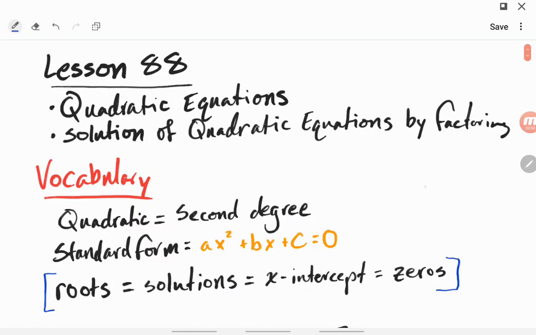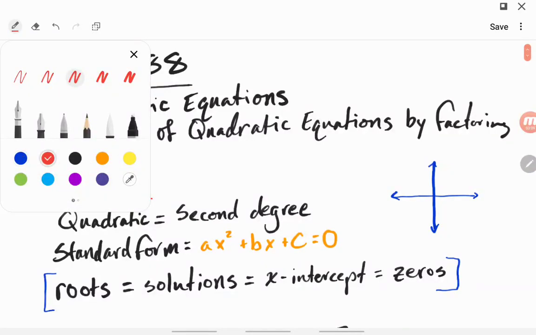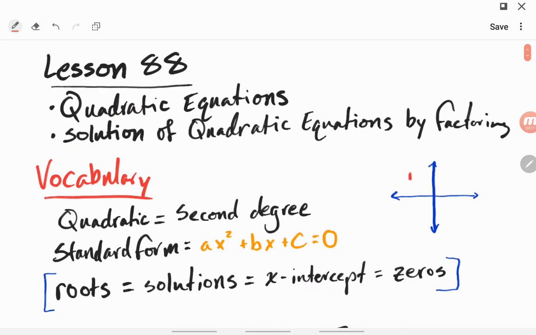And what you don't know quite yet, but what you will know, is whenever you graph a quadratic equation, what you get is a nice little U-shaped graph. You get something that looks like this. Right?